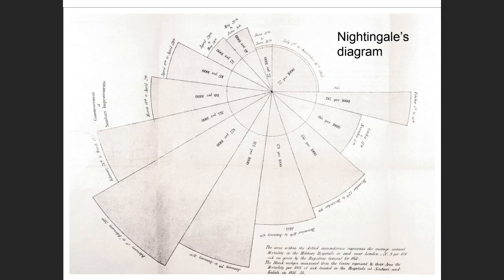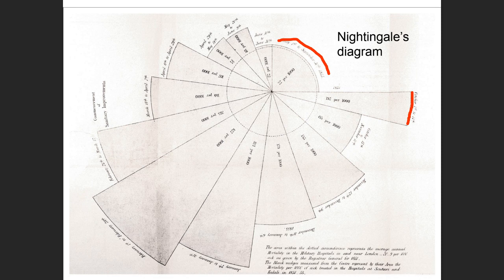What we see here is a number of months. If I zoom in, you can see May to June, June to July, July through September. So in the summer it's not a problem. It starts to be a problem in the winter. Each of these pies represents the number of deaths in the hospital.